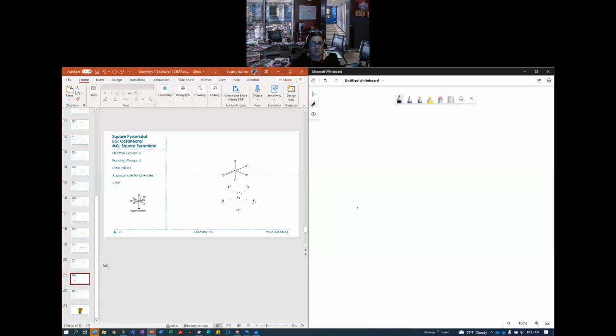So this is XeF4O. That's what we're trying to draw. So I need to look at my Xe, I need to look at my F, and I need to look at my O to see how many electrons I get from each. Now the Xe, remember, is a noble gas, so he has 8 electrons that he's going to contribute.